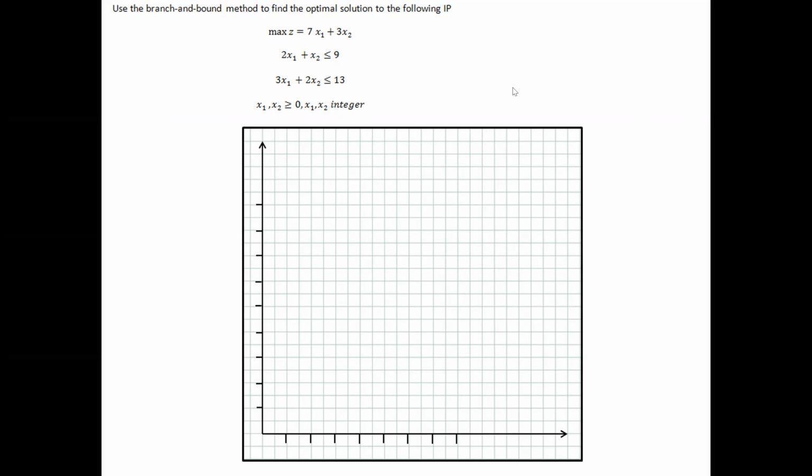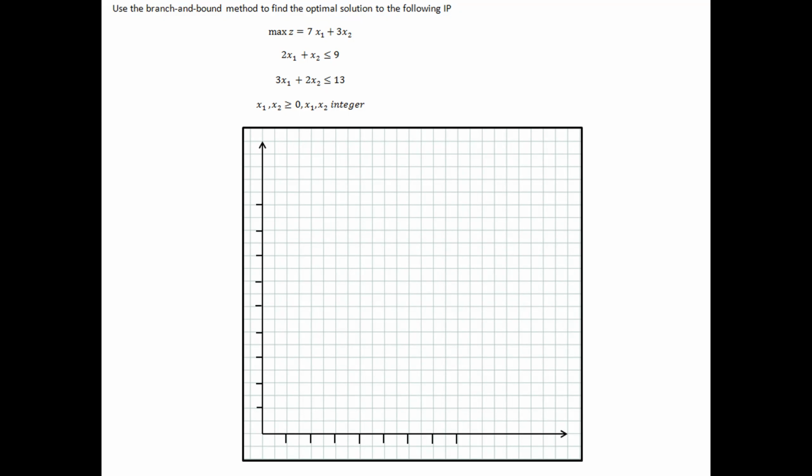In this example, we are solving a problem in which we are maximizing the objective function 7x1 plus 3x2, subject to two constraints: 2x1 plus x2 less than or equal to 9, and 3x1 plus 2x2 less than or equal to 13. Our decision variables are x1 and x2. They are greater or equal to 0, so they're positive, and also they're forced to be integer values.